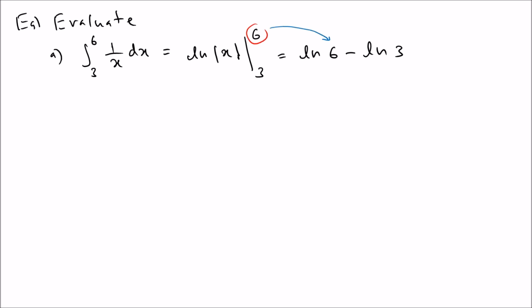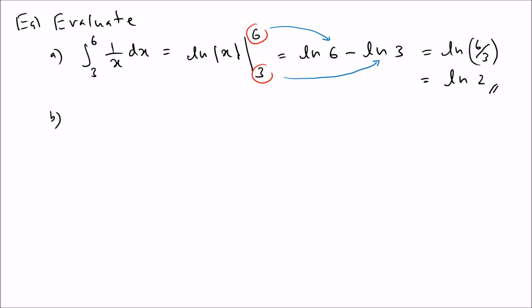Order matters. Now how do we simplify this? We know that a log difference is the log of a division. So this is simply ln of 6 over 3. 6 over 3 is 2, so the final answer is ln 2.